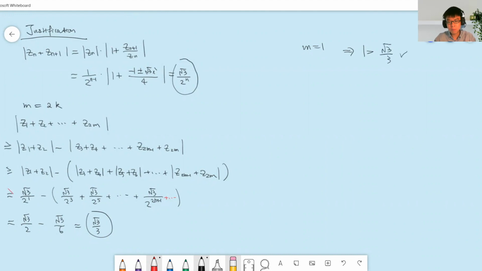That's very simple. Now, if m equals 2k plus 1, and k is a positive integer, we can discuss a similar condition. But here some additional term is the z 2k plus 1.